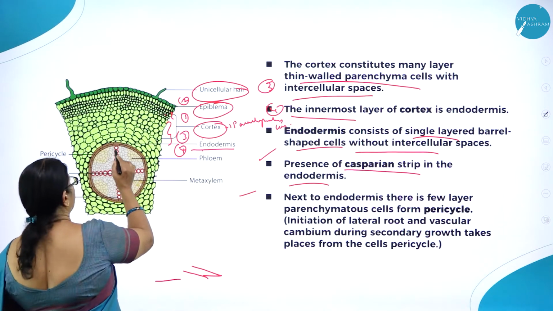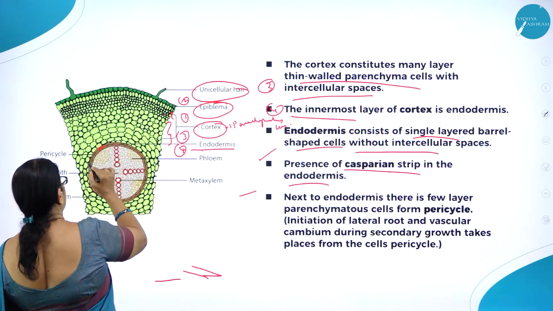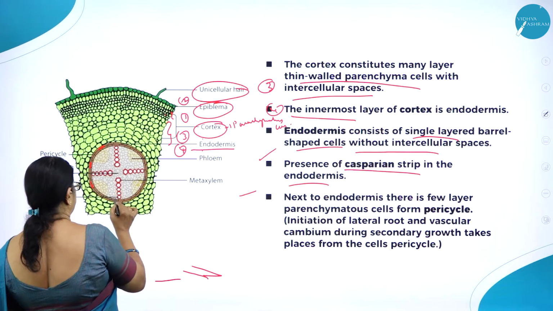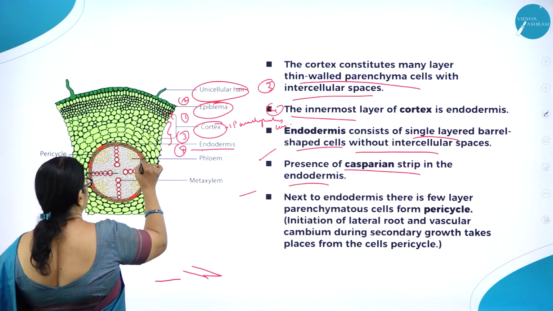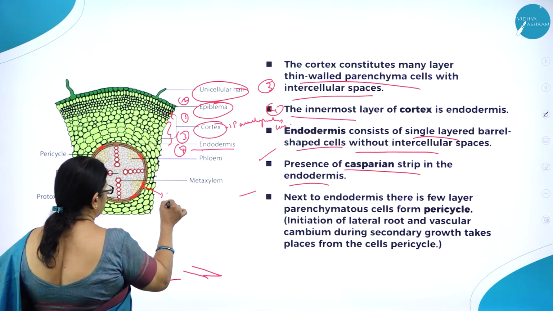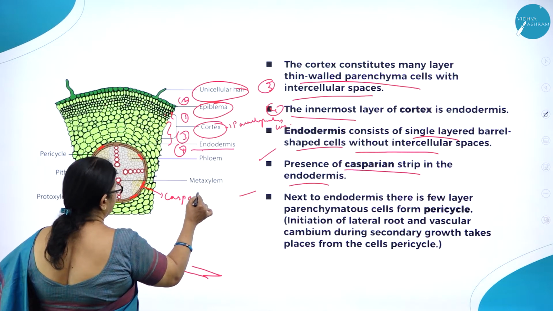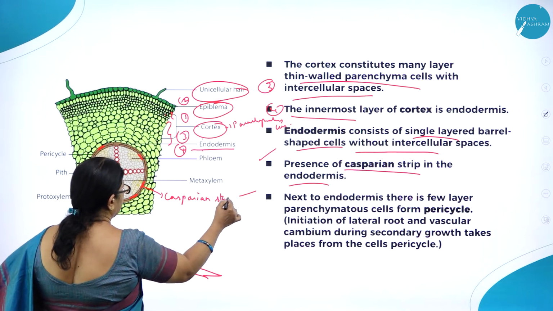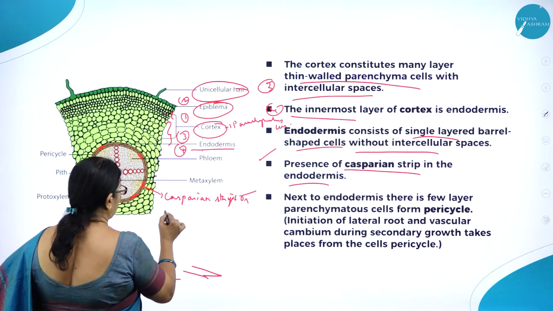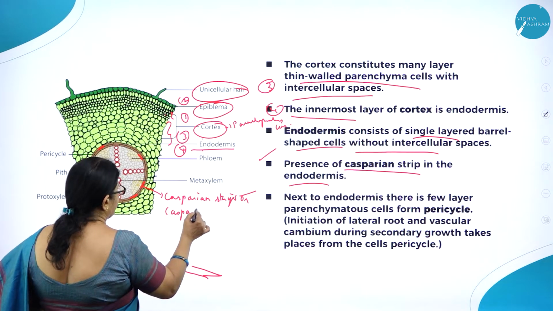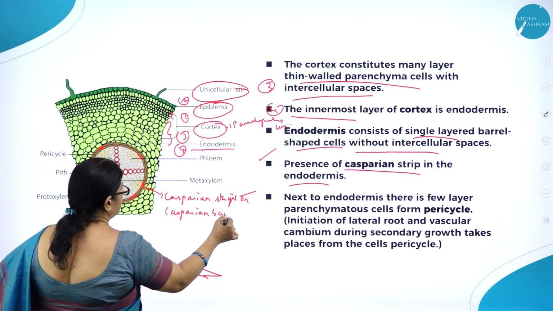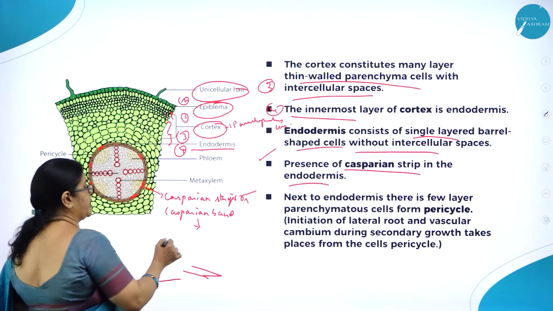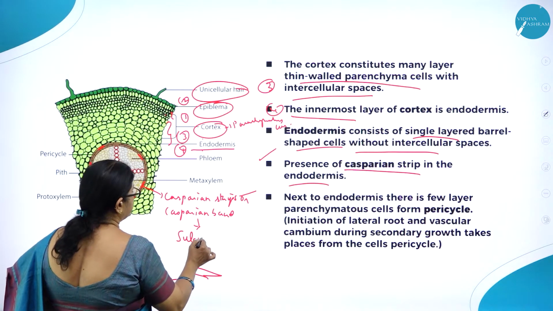Next, presence of Casparian strip in the endodermis. Wherever you don't come across xylem, you find these, which are called the Casparian strips, or otherwise Casparian bands. These are made up of a chemical substance called suberin.